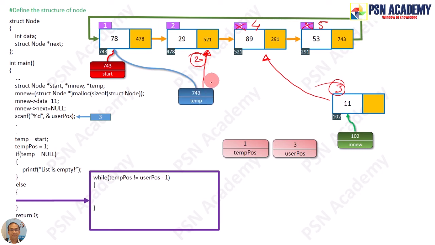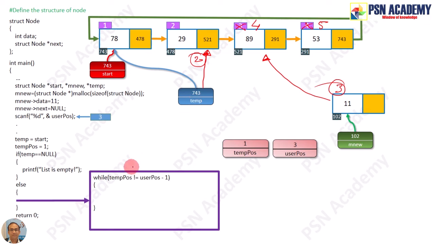Why are we doing like this? Because this is a singly linked list and we have the facility of the next pointer. We do not have a previous pointer here through which we can go back. So we are keeping the temp pointer just one node or one position behind the user position so that we can handle the situation in a forward way.